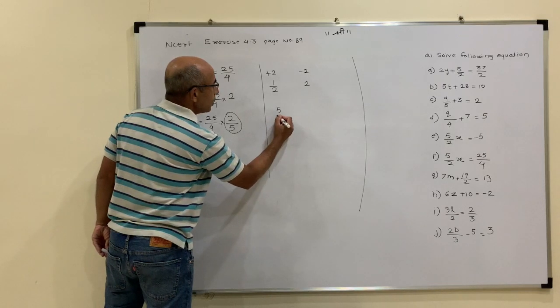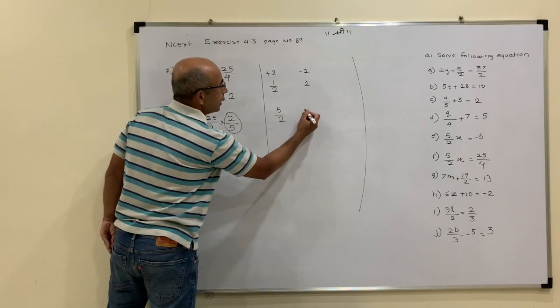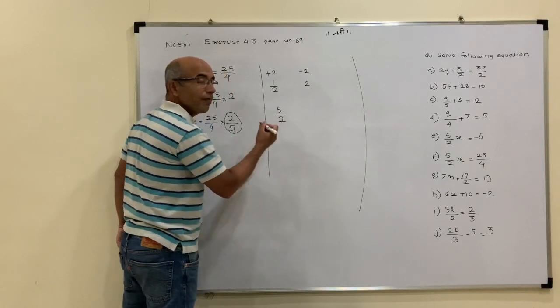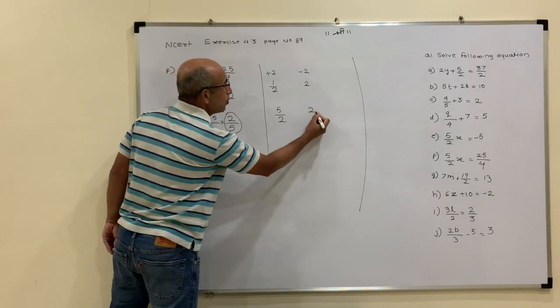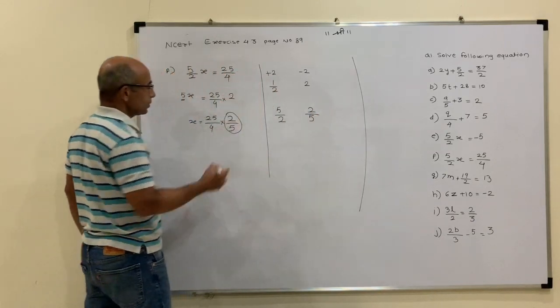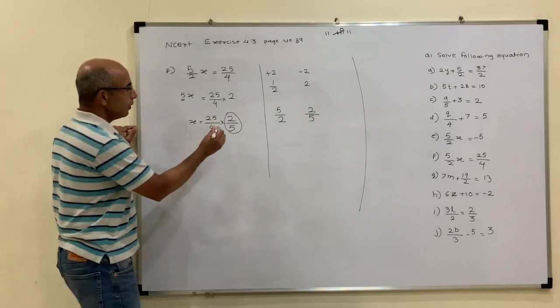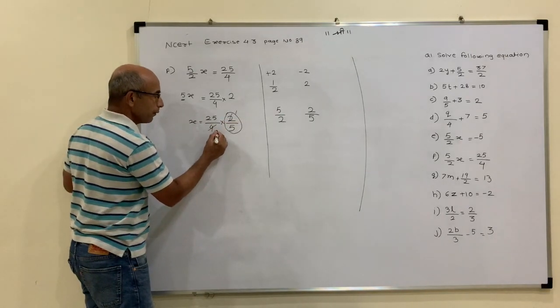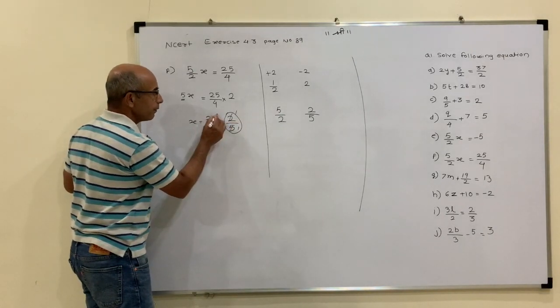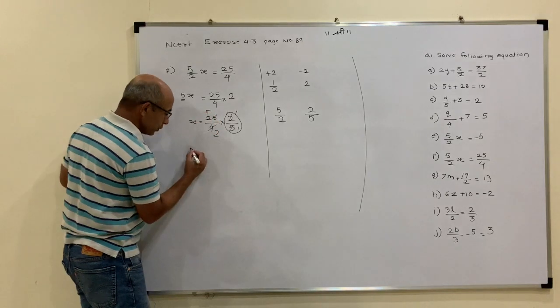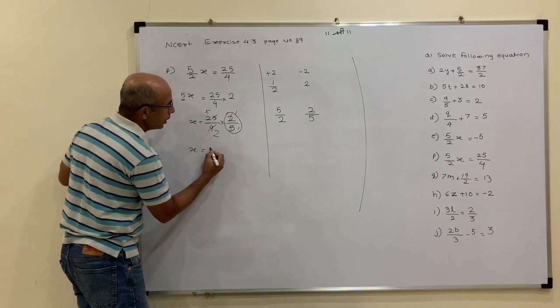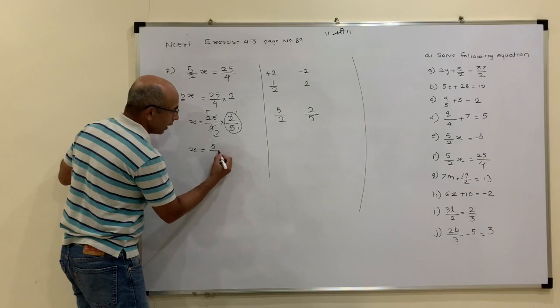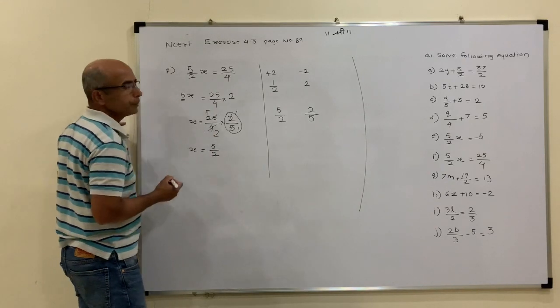The multiplicative reciprocal of 5 by 2 you can say is 2 by 5. So now here 2 1s are 2, 2 2s are 4, 5 1s are 5, 5 5s are 25. So x equals 5 divided by 2.